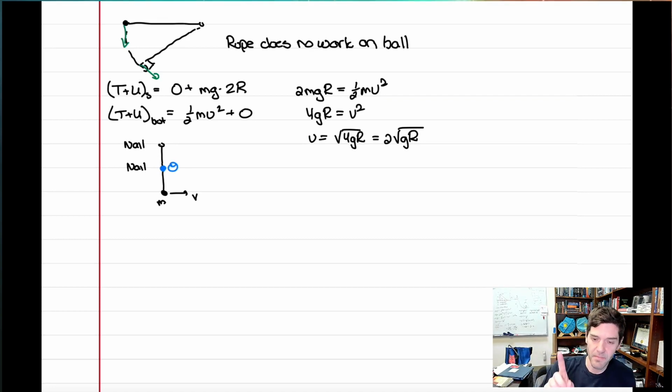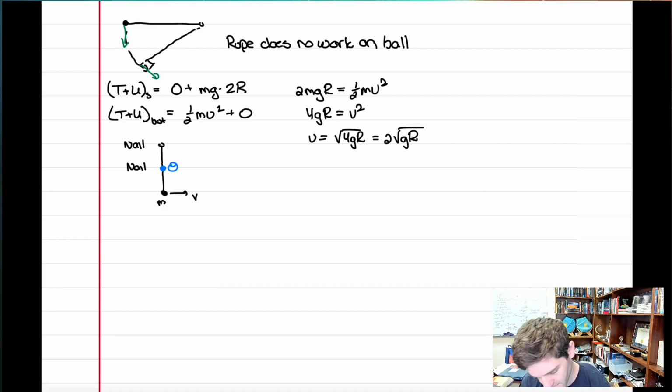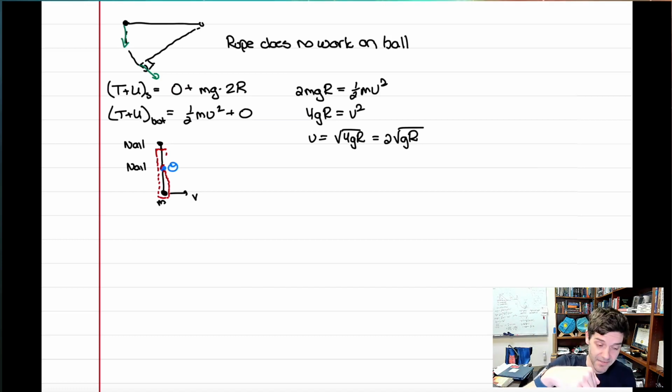And then apply angular momentum conservation immediately before it hits that nail and immediately after it hits the nail from that origin that I've drawn in blue. Because again, if my system is not including the nail in this case, just the rope and the mass, then there is a torque from gravity, but gravity is pointing straight down at this point.